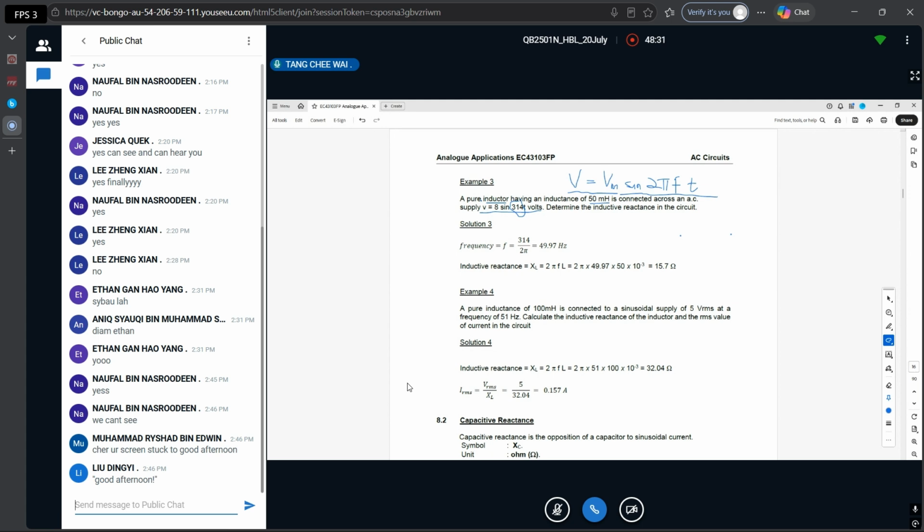It's equal to here, right? 2 pi f. Don't bother about the t. I'm looking at 314 and I compare with the general formula. So I can say my 314 equals 2 pi f. Do you agree first before I move on? So that we are going in the same direction. Okay?